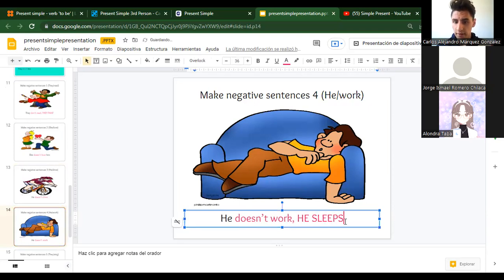Remember that we add a letter S for affirmative sentences, and we add the auxiliary before the verb for negative sentences, okay? He doesn't work, he sleeps. Él no trabaja, él duerme.